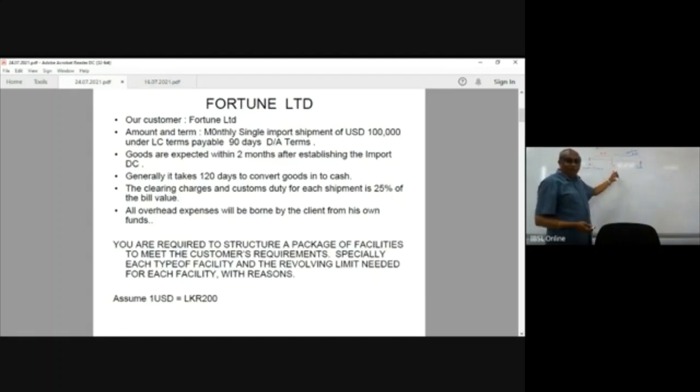And when we receive the goods, LC liability will be reversed and we transfer that liability to an acceptance liability. From that point onwards, acceptance liability. Now that acceptance liability is for 90 days. Acceptance payment we have to do after 90 days. 3 months.